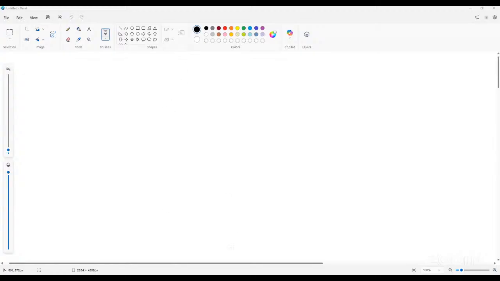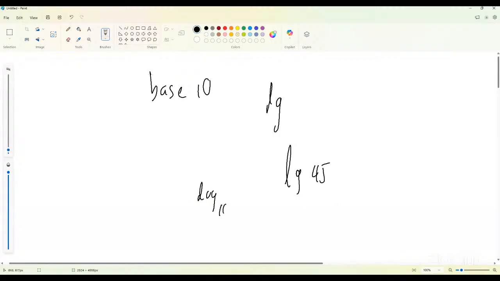We often write base 10 as LG. So if you see anything like LG 45, it means log base 10 of 45. This is what it means.